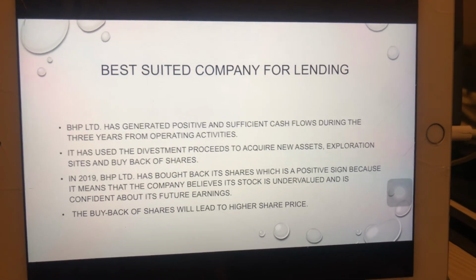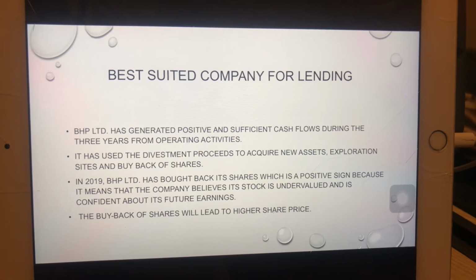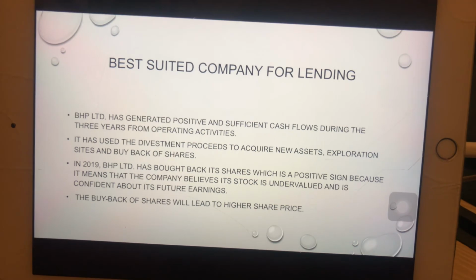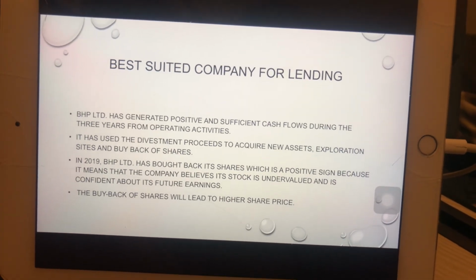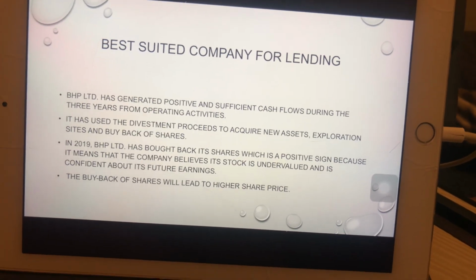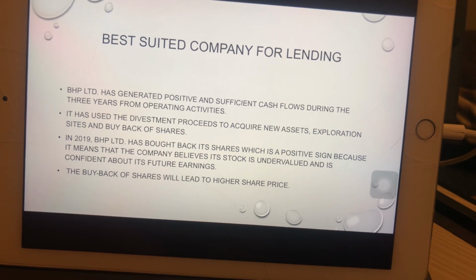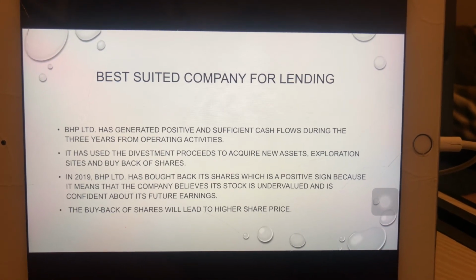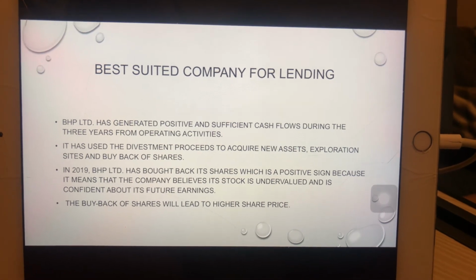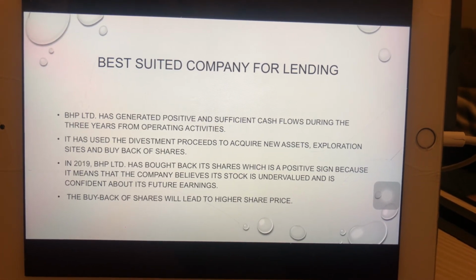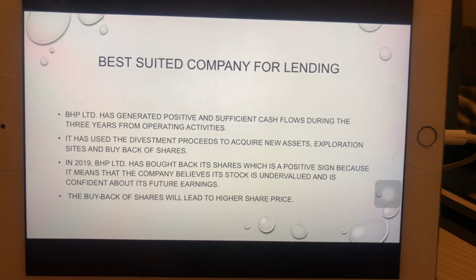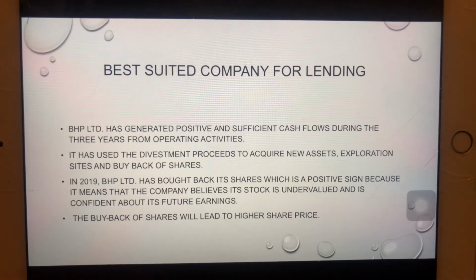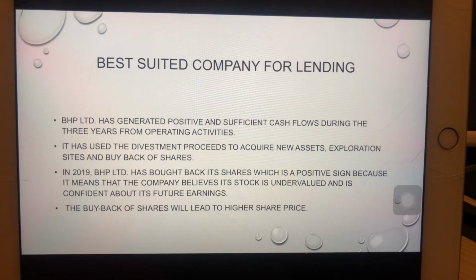Now, we will discuss the best suited company when it comes to lending. So, in my opinion, BHP Limited is the most suited for lending because it has generated positive and sufficient cash flows during 3 years from operating activities. It has used the divestment proceeds to acquire new assets, exploration sites, and buyback of shares.